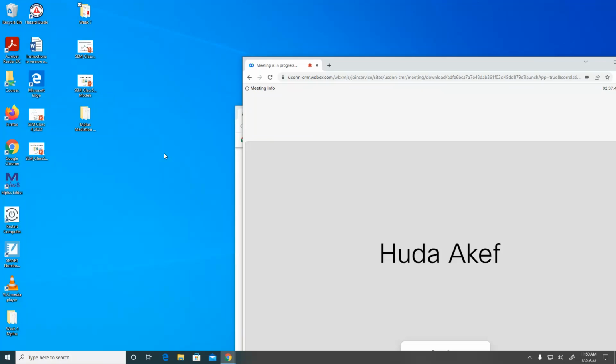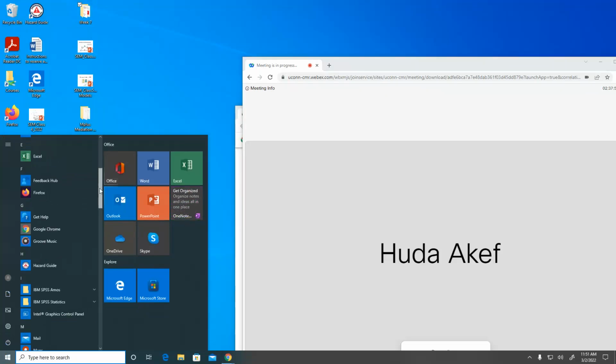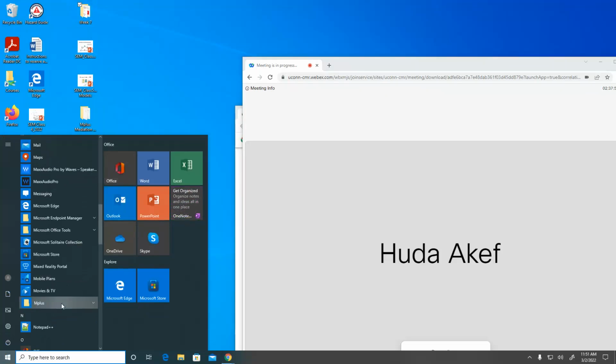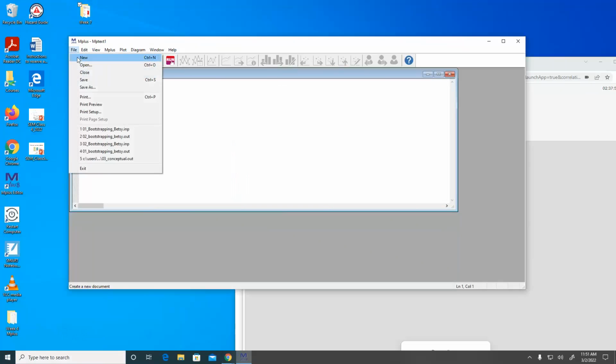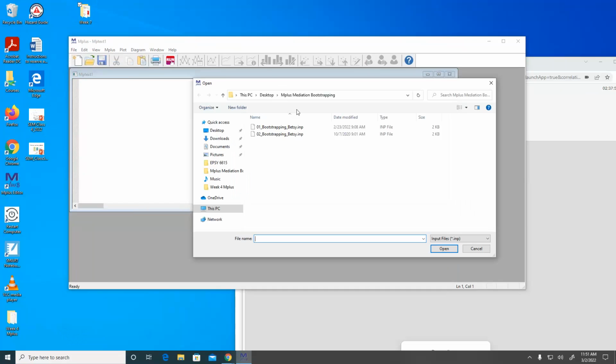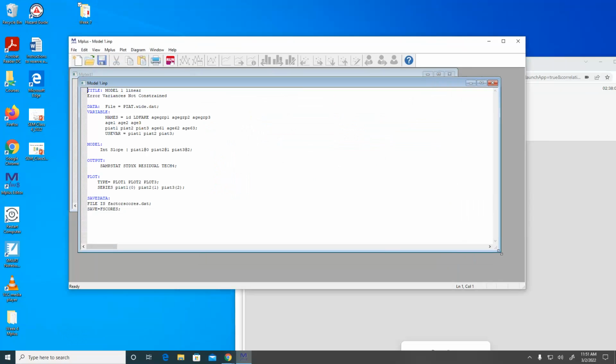Okay. So let's go to Mplus, and if you go into the week 7 folder, you should find everything you need. Let me open up Mplus here. So I've got my week 7 folder on the desktop, and let me open up model 1. So this is that PIAT data that I've been talking about.